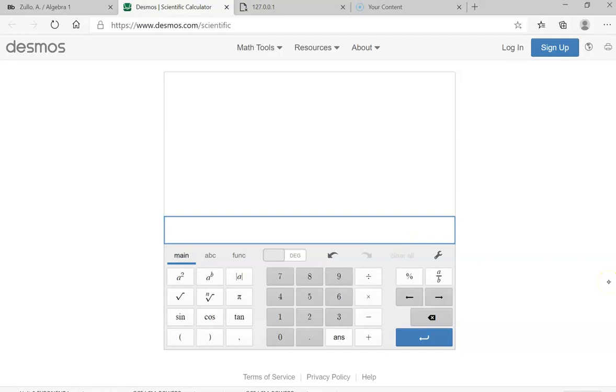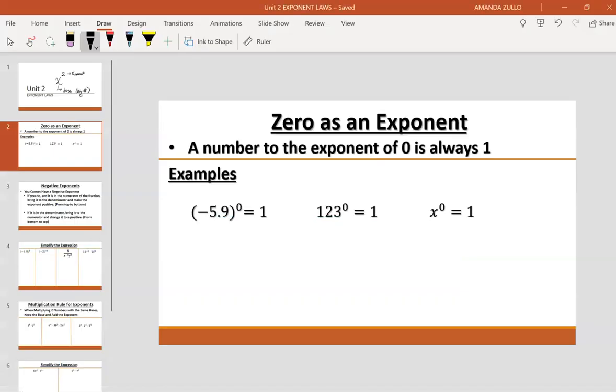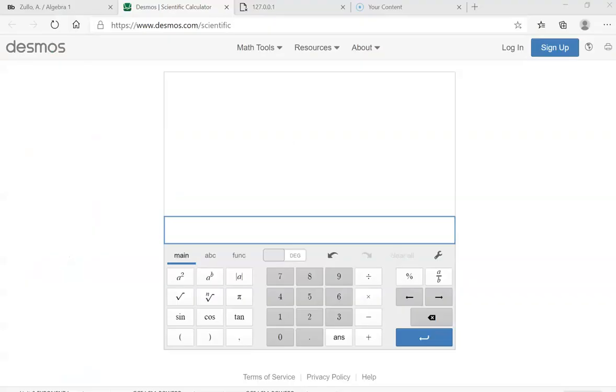Exponents, the very first one, that example was parenthesis negative 5.9 parenthesis to the 0 power, so let's do that. So here we have parenthesis, where's our negative? I wonder if I could just use this as a negative. Negative 5.9, close your parenthesis, and see this a to the b power?